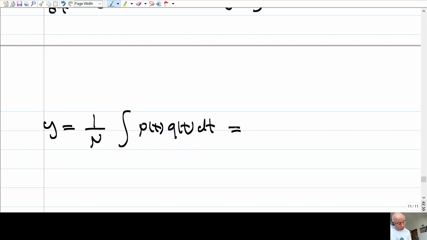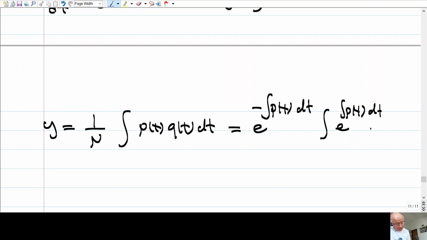So choosing the plus one, 1 over e to the power integral of p(t) dt becomes e to the power minus integral of p(t) dt, times the integral of mu(t), which is e to the power integral of p(t) dt, times q(t) dt. Okay, so that's the solution of the differential equation.